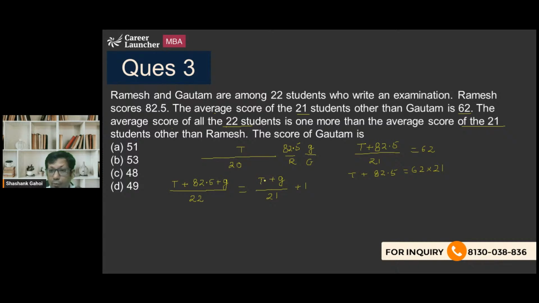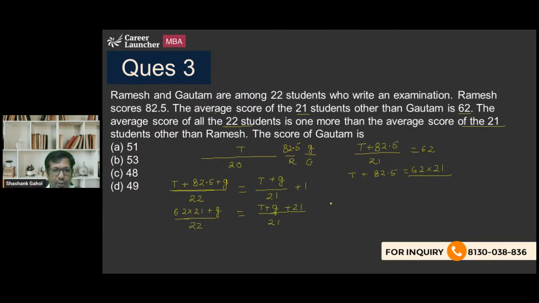Okay. Now what we are going to do? The first thing I'm going to do is T plus 82.5 is directly this. So that is 62 into 21 plus G upon 22, and that is equal to T plus G upon 21 plus 21 upon 21. Okay, now this has become a tricky problem. Okay, so let's just multiply and see what we are going to get.